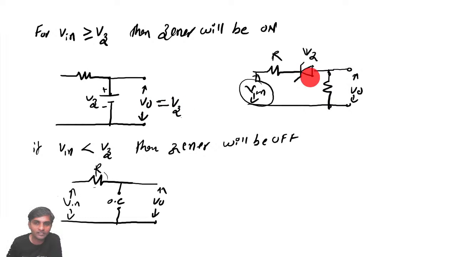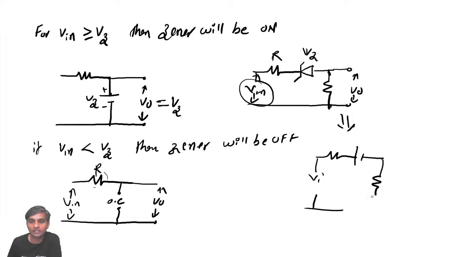Now, if it is connected in series, what happens? If you try to draw the equivalent circuit, some V input you are giving here, plus minus, and you get the output voltage. This is going to be VR, this is R naught, and this is V naught.